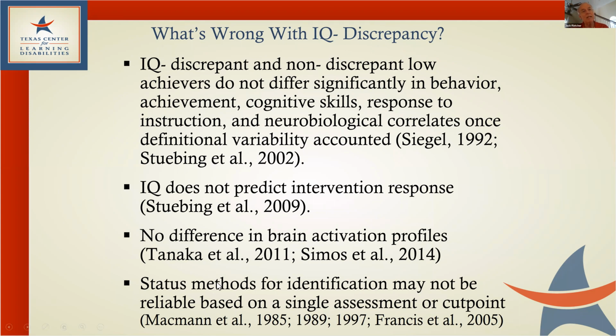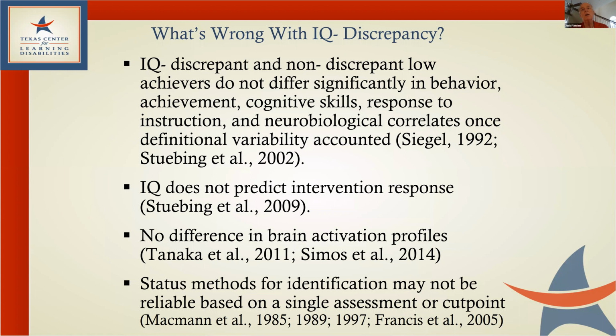And then we know that any kind of status model that's based on identification may not be reliable if it's based on a single assessment or a cut point, because of the difficulties that I talked about before about assessing kids around a set cut point.